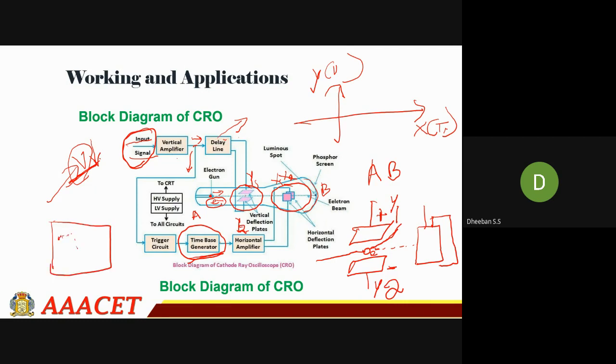So hence you will be getting a waveform like that. So this is the block diagram and the working of your CRO in short.